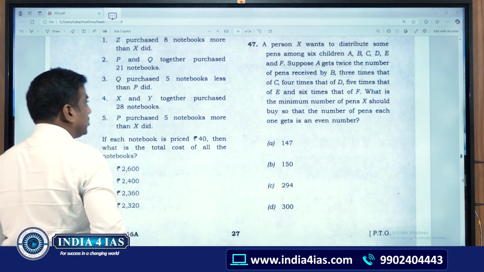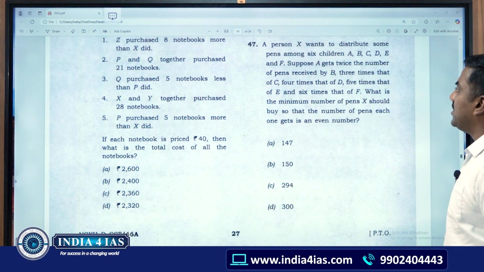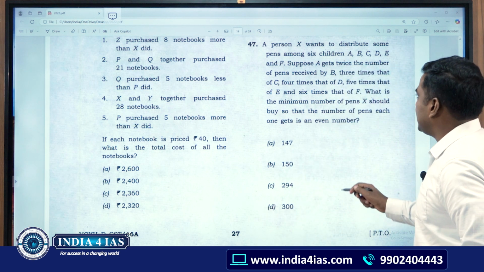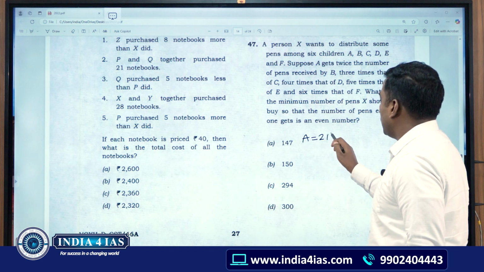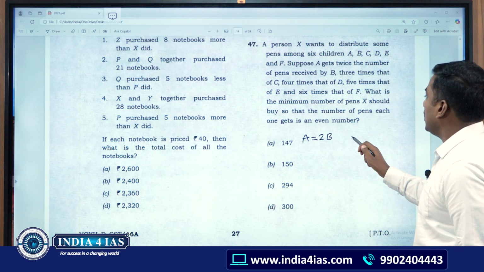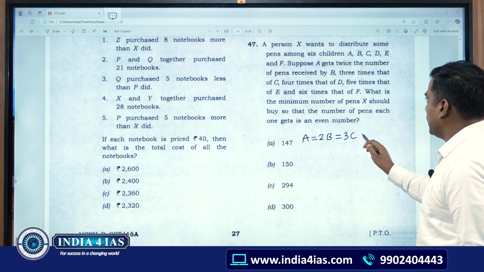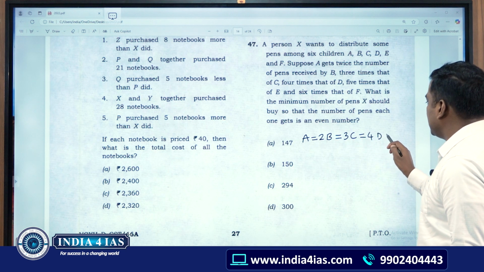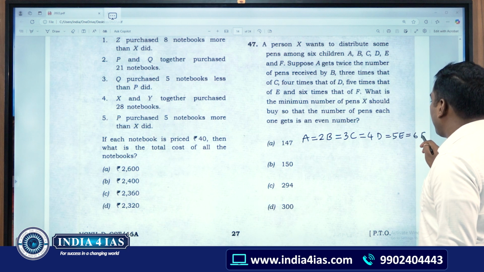A person X wants to distribute some pens among 6 children, A, B, C, D, E, F. Suppose A gets twice the number received by B, 3 times what C gets, 4 times what D gets, 5 times what E gets, and 6 times what F gets.